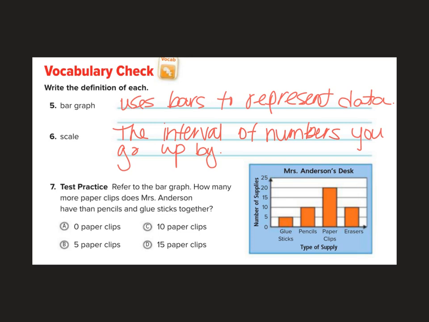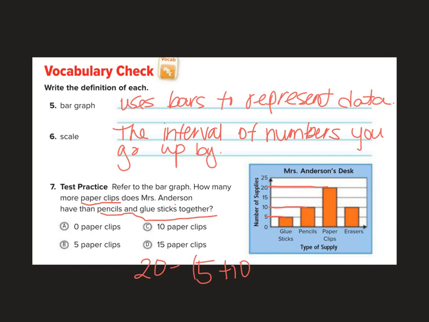All right, let's look at this last one. Test practice. Refer to the bar graph. How many more paper clips does Mrs. Anderson have than pencils and glue sticks together? Okay, so glue sticks, she has 5 glue sticks, and pencils, she has 10. And paper clips, she has 20.